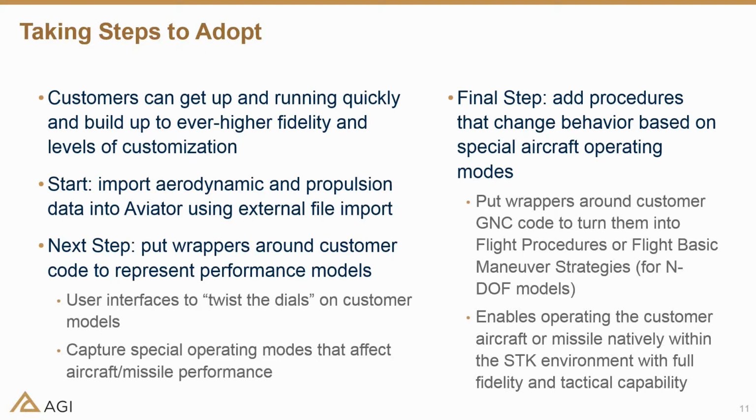But we also have the ability to do more if your aircraft is not easily represented by a static file that represents its aerodynamics or its power plant. It's got operating modes, maybe some special things you've put together, let's say variable geometry. I'll go back to the F-14.